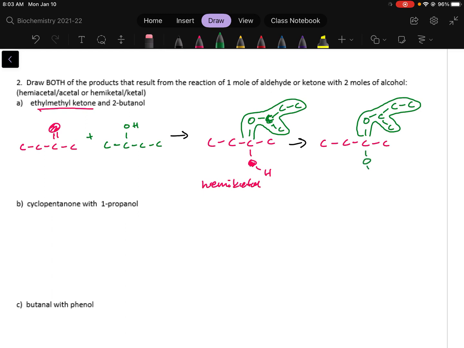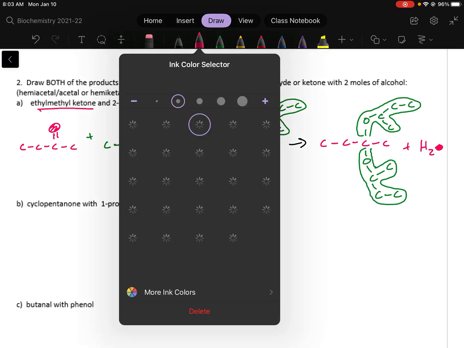So we have to draw that second ether. And remember that second carbon will be the one that is attached to the oxygen. If we do this, it ends up really looking like a lobster with oven mitts. And then what we end up with is H2O. That was the other product. If you did that model lab, then you saw that water was formed as well. So this is the full ketal.